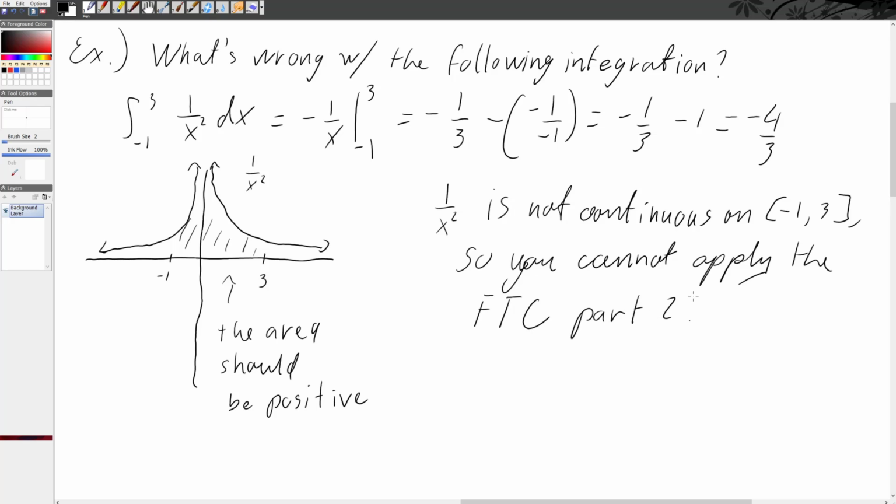Later on, we just call it the fundamental theorem of calculus. I'm going to leave off the part 1 and part 2. Because if we look at the graph of 1 over x squared, we see that there is an asymptote at 0. So therefore, it's not continuous, and therefore you can't apply the fundamental theorem of calculus.